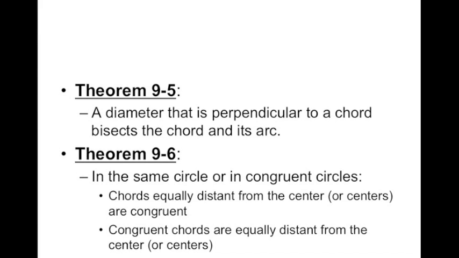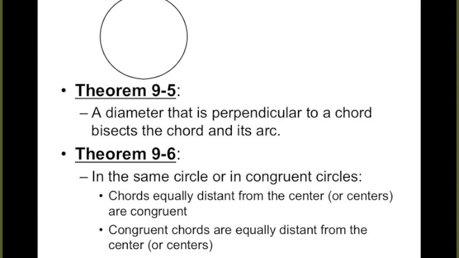Our second theorem says that a diameter, what is a diameter again? What's a diameter? A chord that goes through the center. So a diameter is a chord, but it's a special chord because it goes through the center.